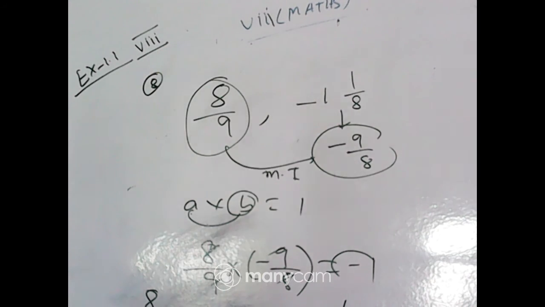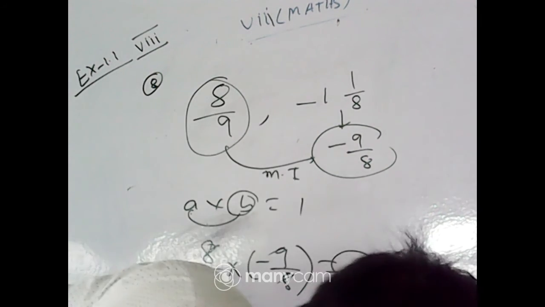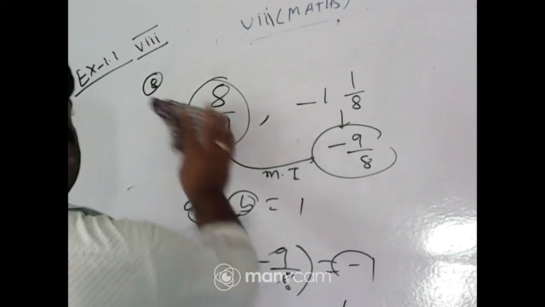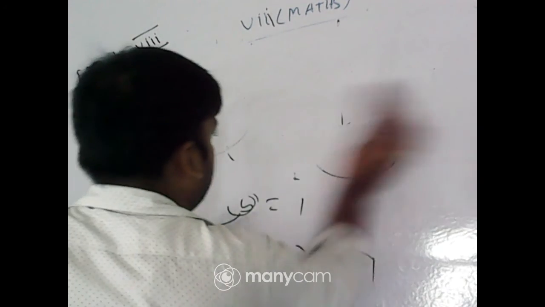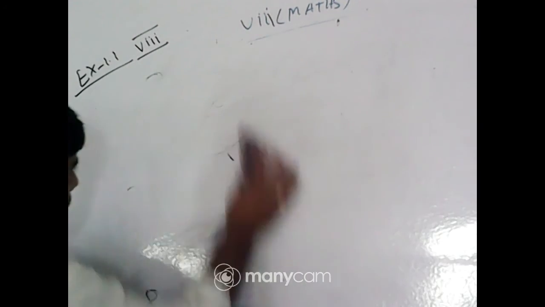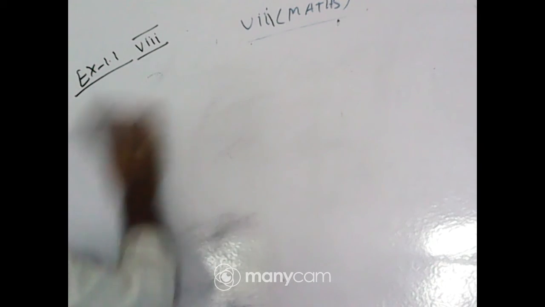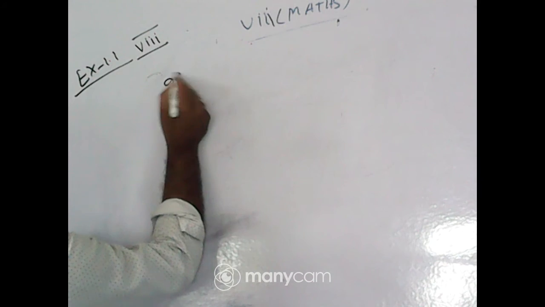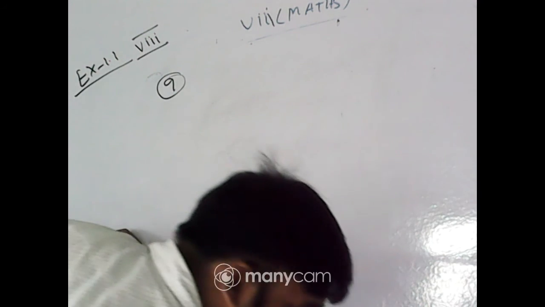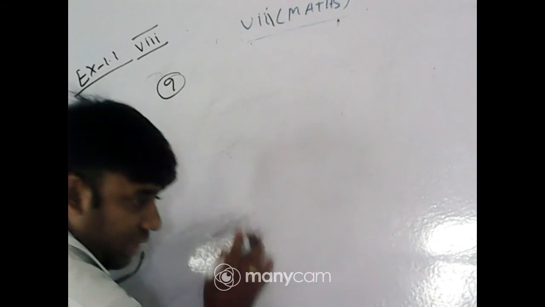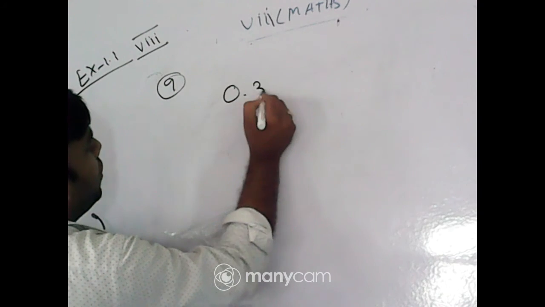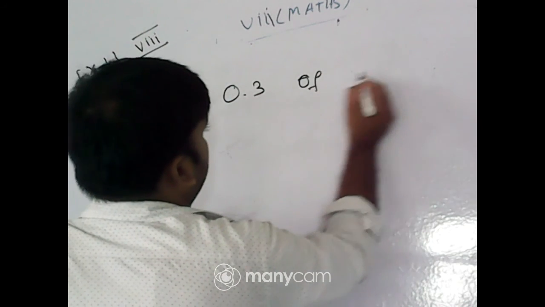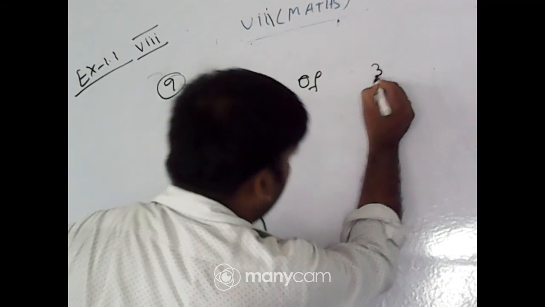Next, moving on to question number 9. Question number 9: is 0.3 the multiplicative inverse of 3 whole 1 by 3?